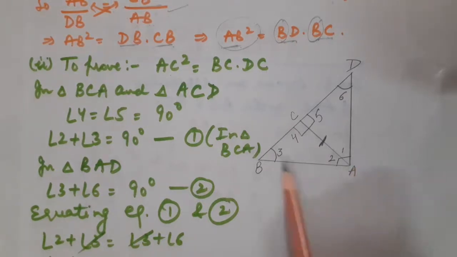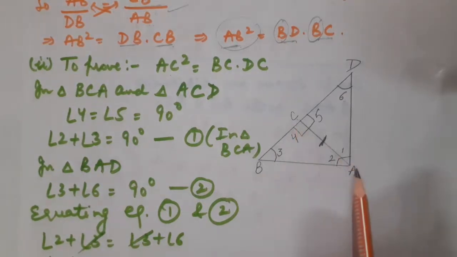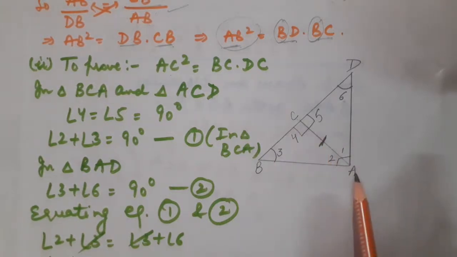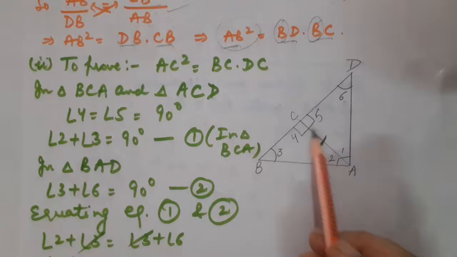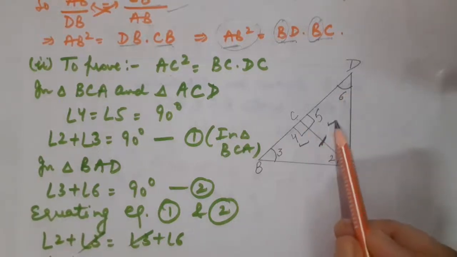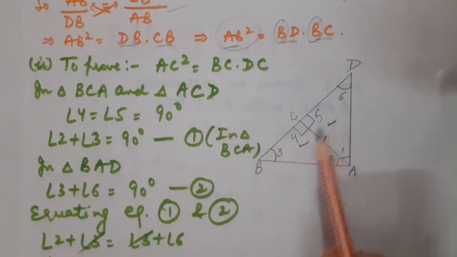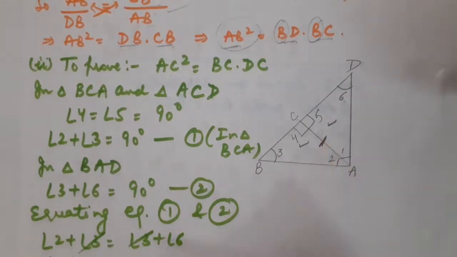I have to choose BCA, so that CA, means AC, is coming. And I have to take ACD. ACD means these two smaller triangles I have to take. Correct? And I have explained you how to prove the similarity of these two smaller triangles also in that theorem 6.7. So this is the time to recall the concept once again.